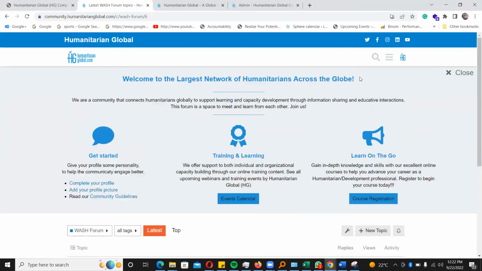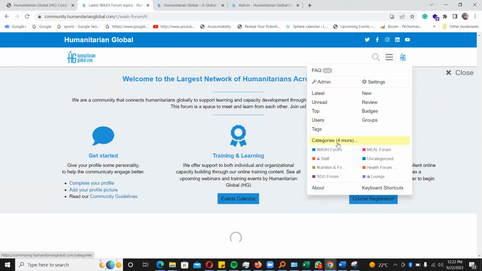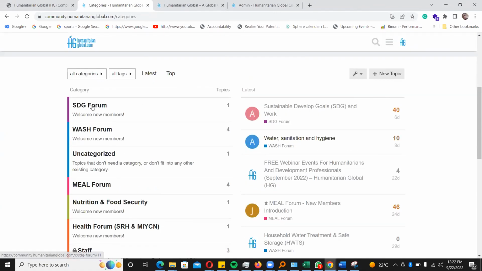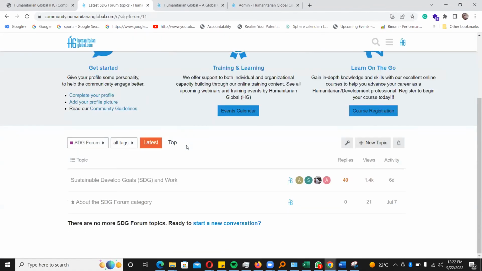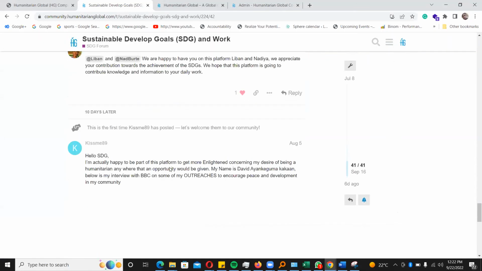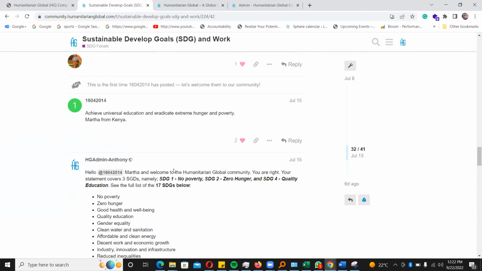Also on the same community forum, you might be working on a certain initiative. You can try to locate the forum for SDG, and here you can share. You can see we have a topic for sustainable development goals and work. Once you click on that topic, you can go through the comments to see what people are doing in their organizations, because this is where we share the work that we are doing.